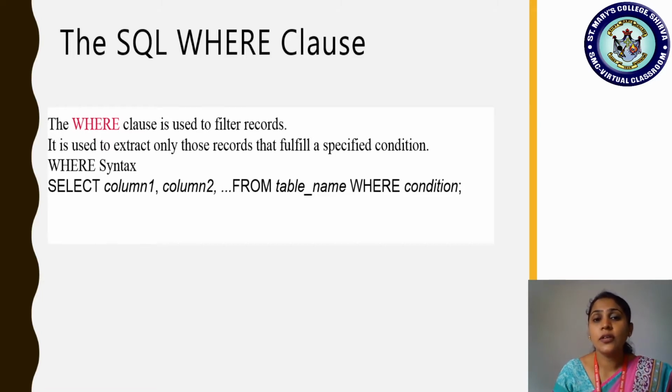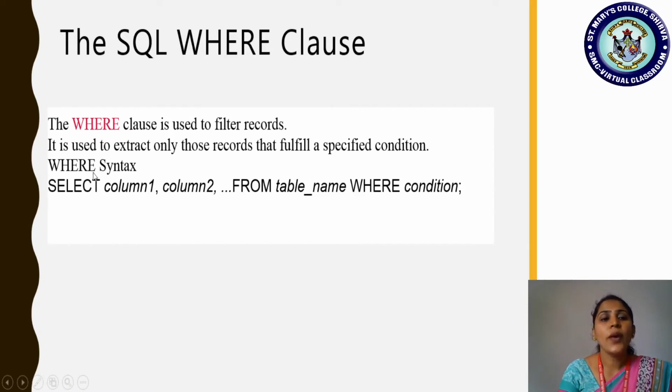So I should specify the condition according to my requirements if I want to filter. And that specified condition is written with the help of which one? The WHERE clause. Just observe here the syntax of using the WHERE clause in our select statement.